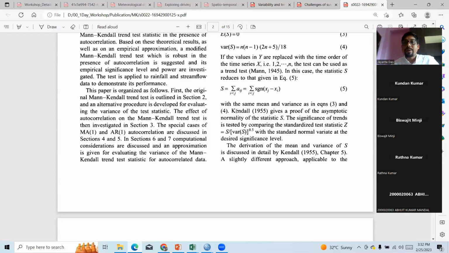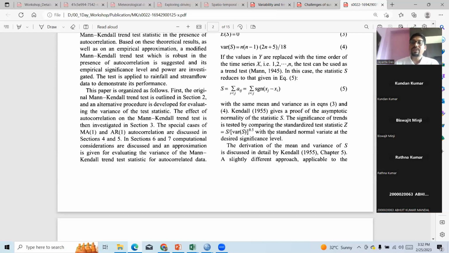Also, Kendall proposed another technique for how we can calculate the significance of the trend. That means how we can calculate the Z statistic. We can easily calculate the Z statistic as S divided by the square root of variance S. Variance S means n times n minus 1, then multiplied by 2n plus 5, divided by 18. This is the formula.